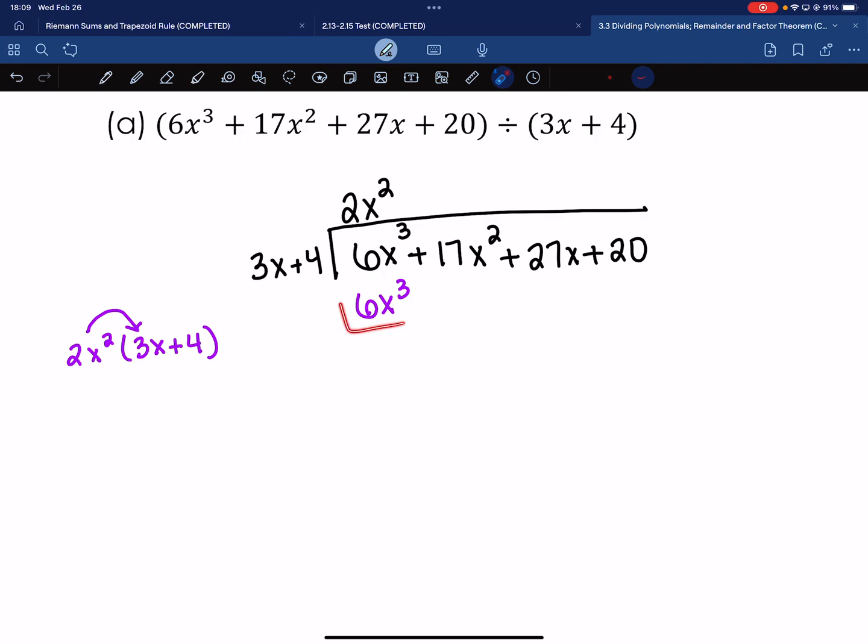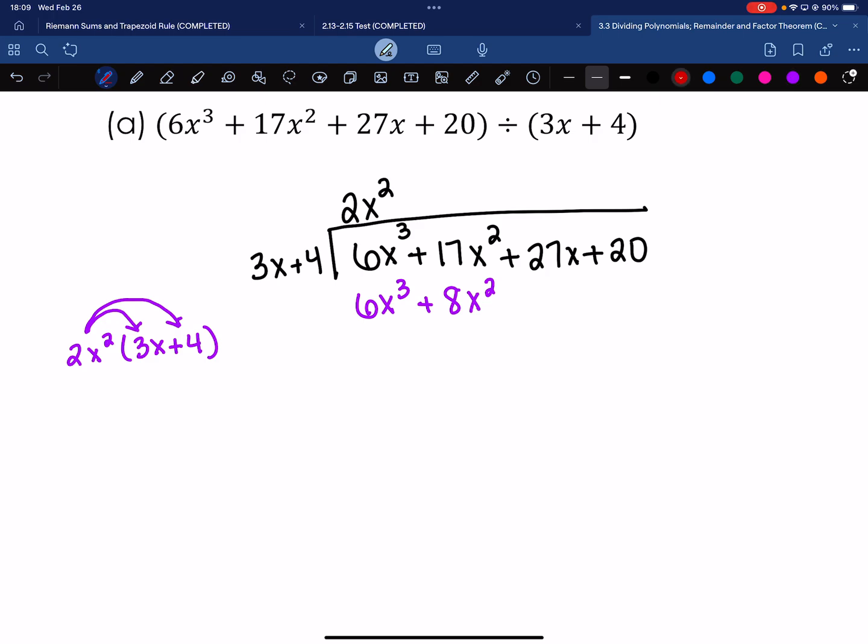This first term should always be exactly the same, identical. Then you take the 2x squared times 4. 2 times 4 is 8, so you get 8x squared. Everything should line up under its like term. And that's the process.